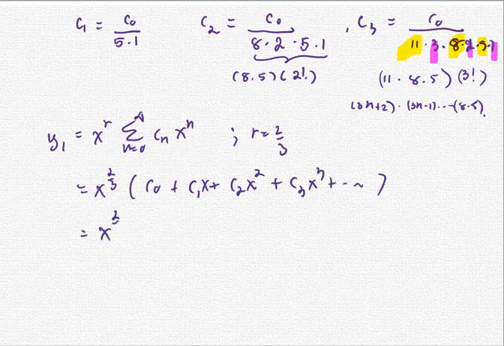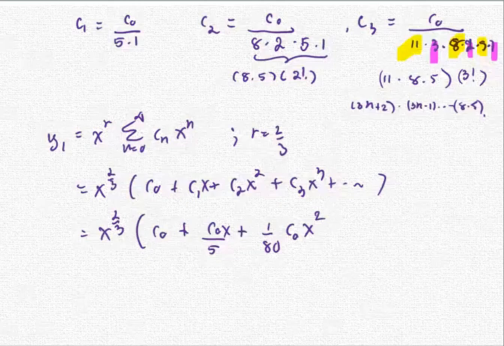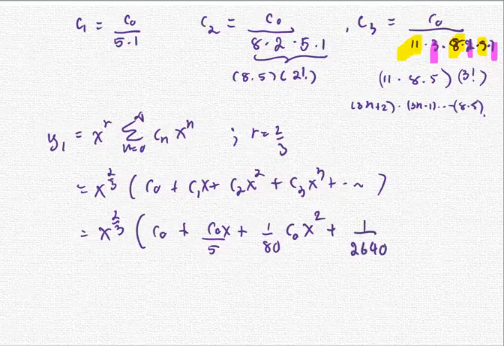We write it as x^(2/3) multiplied by c0, and c1 as c0 over 5, c2 as 1/80 times c0 times x squared, and c3 is 1/2640 times c0 x cubed and so forth.